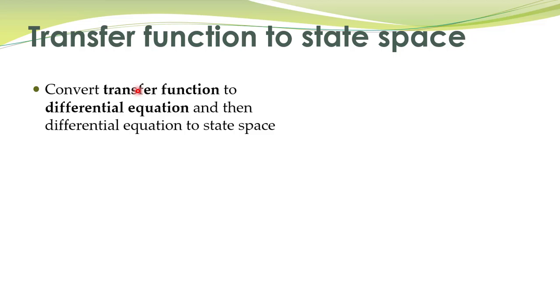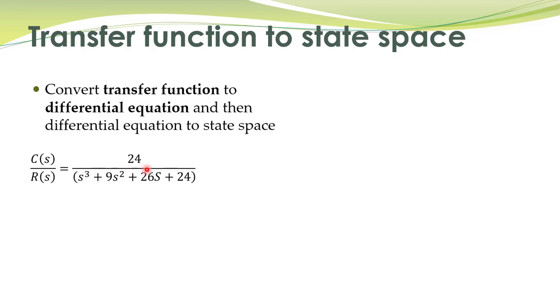From the transfer function, we obtain differential equations, and once we have a differential equation, then obtaining a state space model is simple, as we did on the previous slide. So how to obtain differential equations from transfer functions? That is also simple. Let's elaborate it with the help of some simple system.